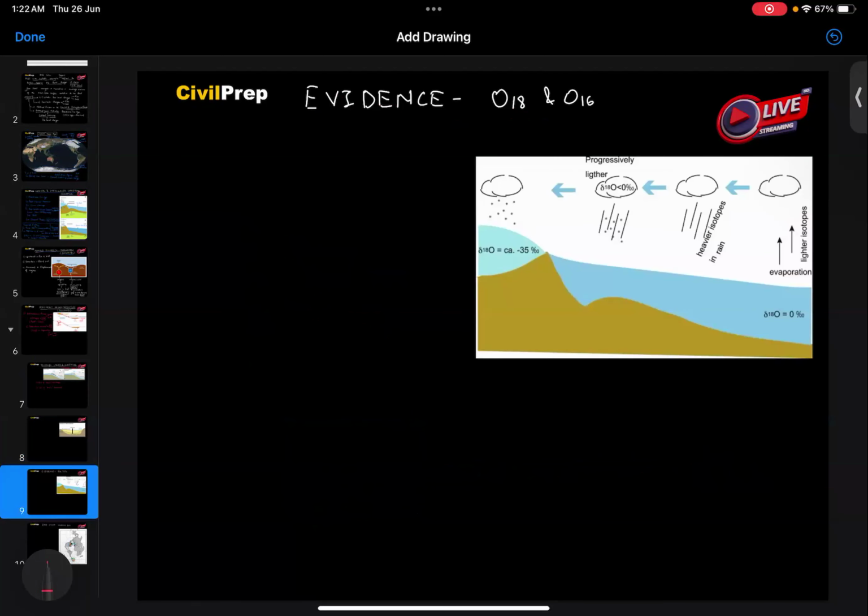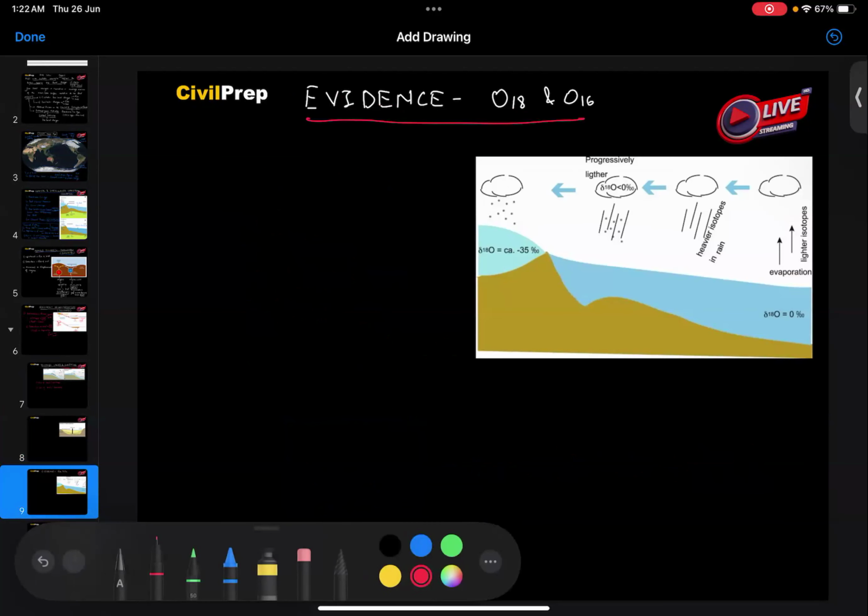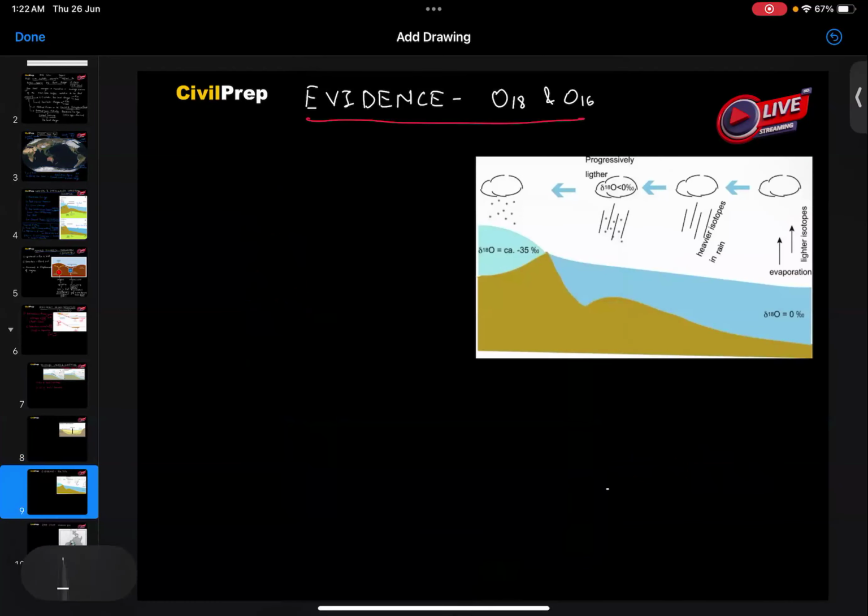Now, there are certain evidences that there have actually been changes in the glaciers over the land and water.